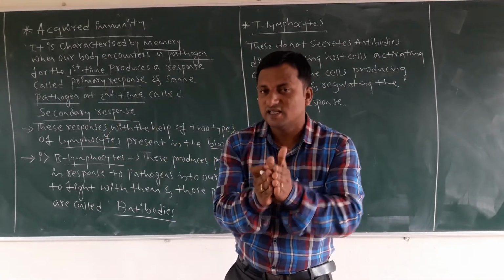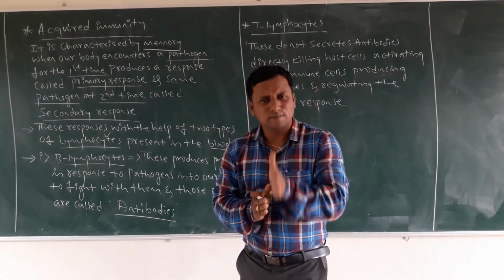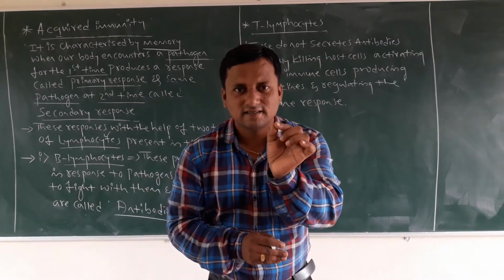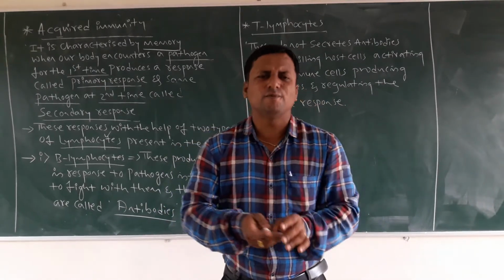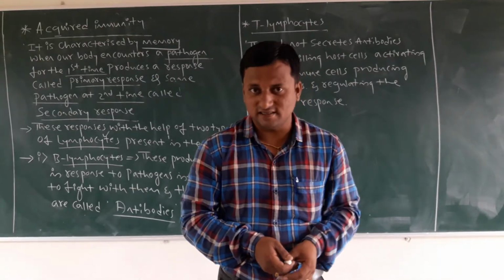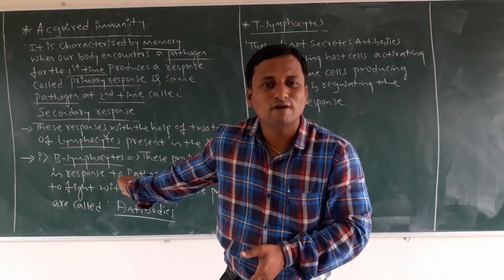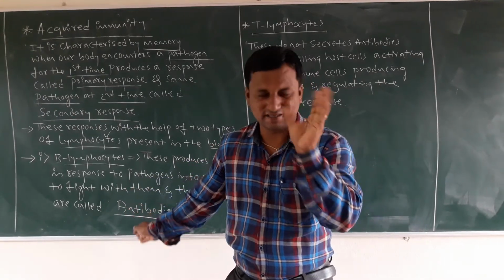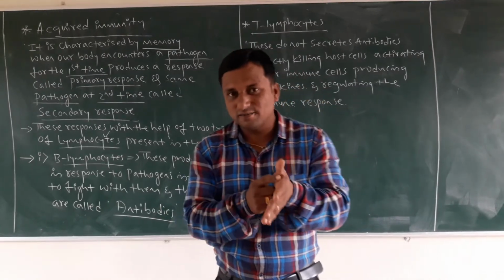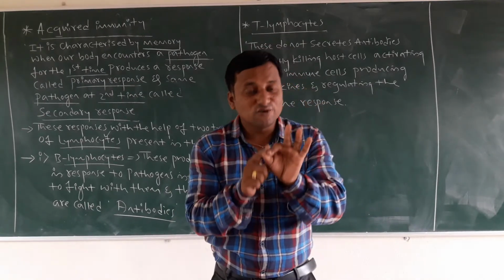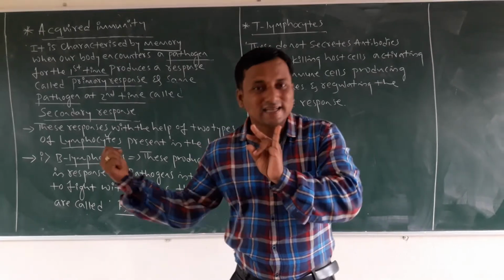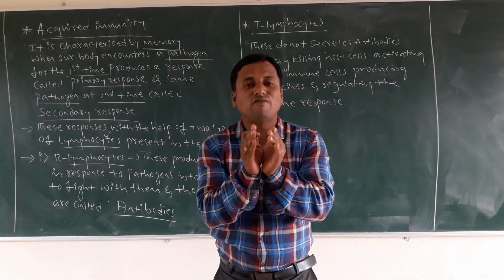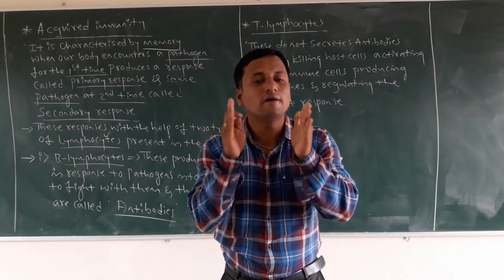Lymphocytes are present in the blood, and they are a type of WBC, because WBCs have five types: monocytes, basophils, eosinophils, lymphocytes and neutrophils. These are all responsible for different roles in the body.